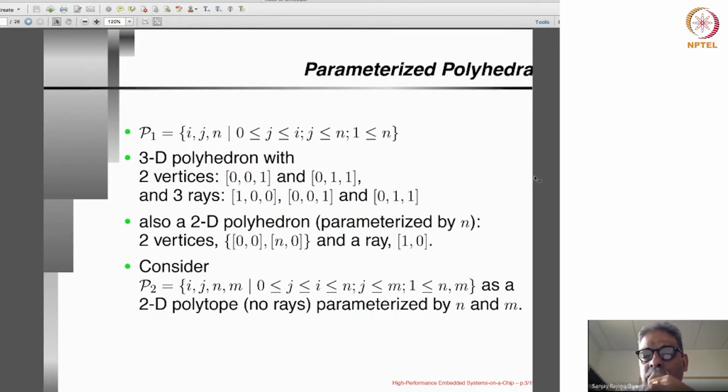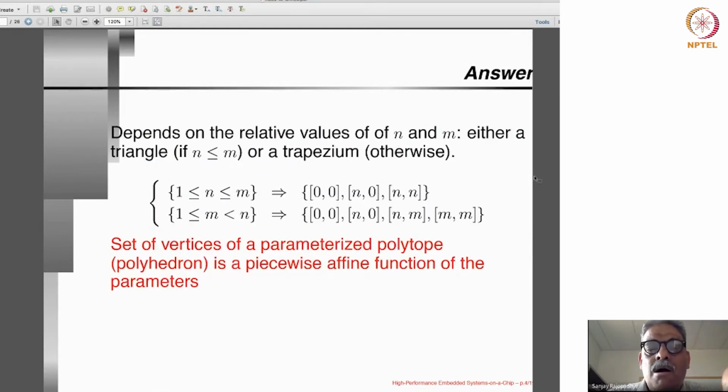The main point I want to make is that its vertices are a piecewise affine function of the parameters. And this intuition is very, very important. The set of vertices of a parametric or parametrized polytope or polyhedron is a piecewise affine function of the parameters.